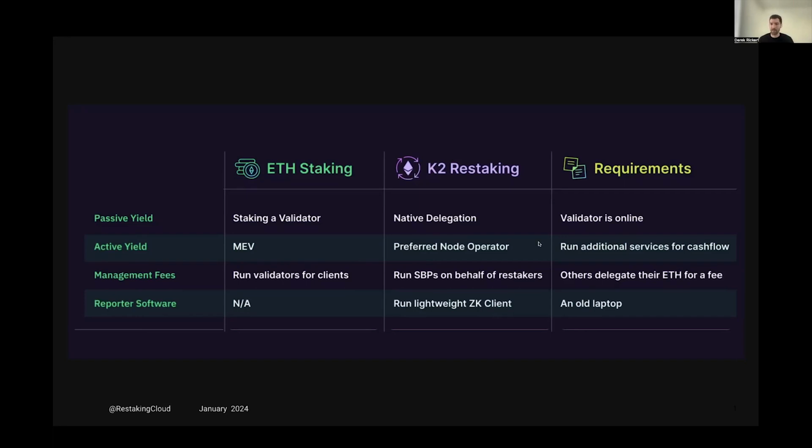They don't want to have to make any decisions. They just want to sit back and collect rewards. And that actually opens up a lot more opportunities for the node operators. Similar to where it was with ETH staking, we see so many liquid stakers. We see so many people choosing to have different services or institutions run the validators for them.